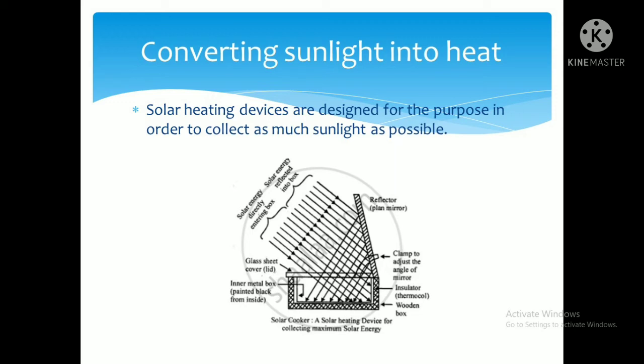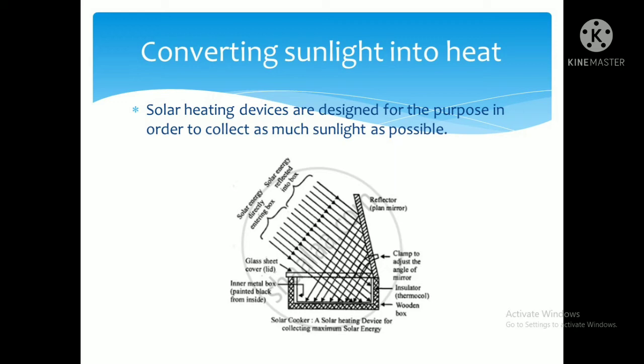And then there is a thermocol insulator, and inside there is a metal box which is painted black from inside. So what will happen? This thermocol will capture the heat, and as soon as the inner metal box is heated up, we can use it for anything.